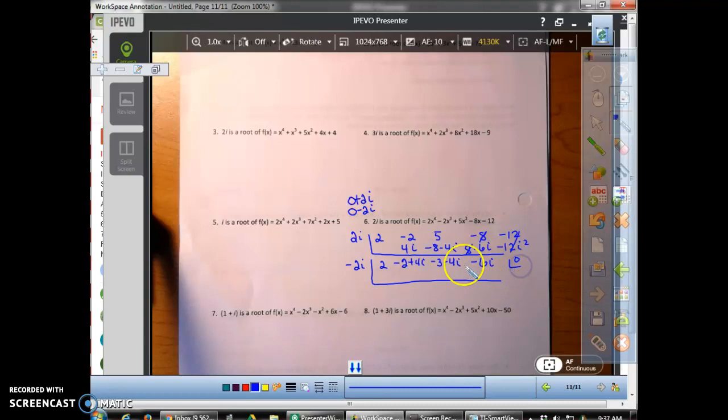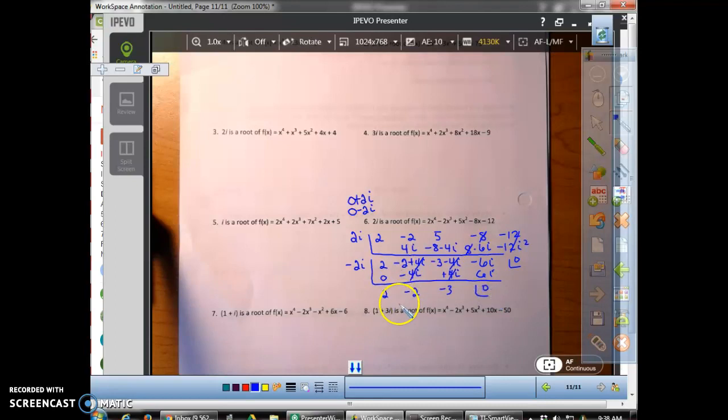So that cancels down to 0, which it should. And then I continue on, put a 0 here, add. 2 times negative 2i is negative 4i, and here these are canceling. When I multiply here, I get plus 4i. So these are canceling. I get a minus 3, and then I get a plus 6i, so this is a 0.